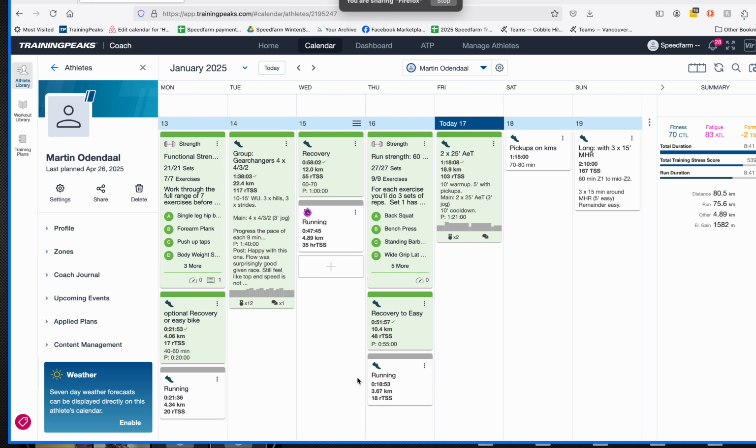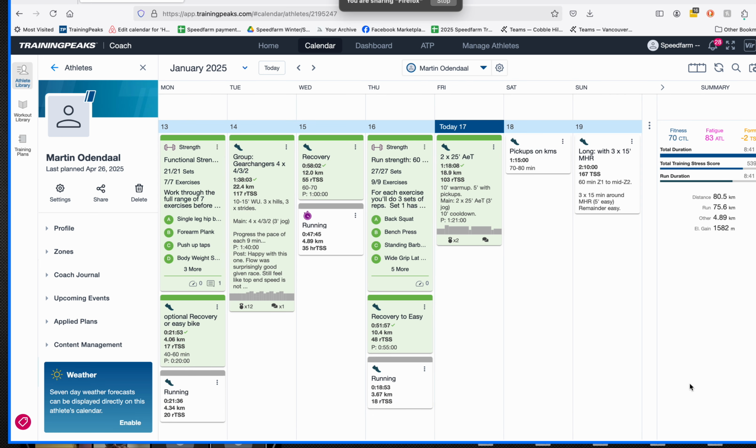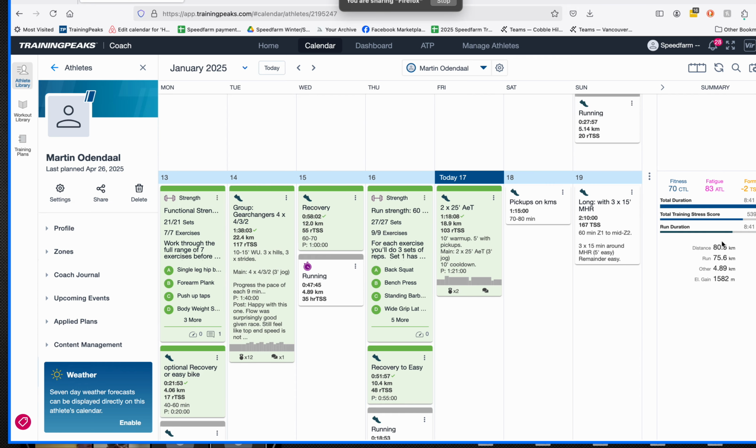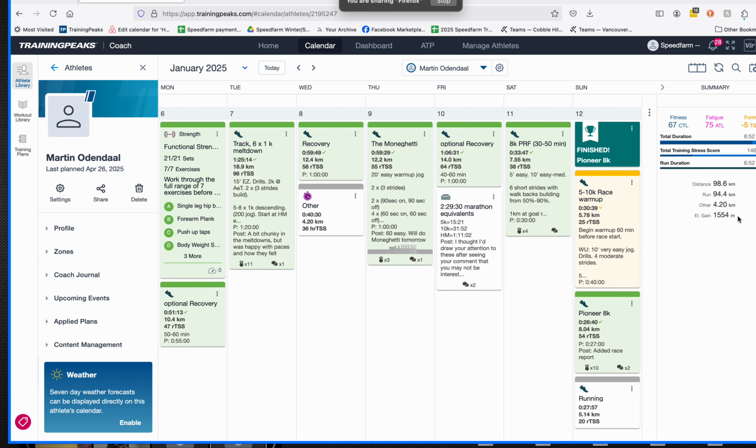The other thing I'll point out while I'm on this screen, the calendar screen, is that you'll see over on the right-hand side, let's go back a week, that's complete. Over on the right-hand side, you'll see your weekly summaries in terms of your training time, run distance, and the like.